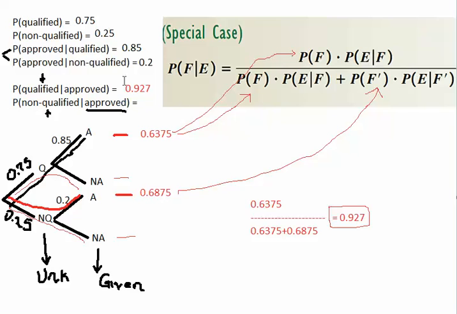The answer for this question will be 1 minus what we already found, 0.927. So the probability to have a non-qualified person given that is approved is equal to 1, the probability for the entire space, minus the probability of being qualified given that it is approved. And the answer for that is 0.0727.